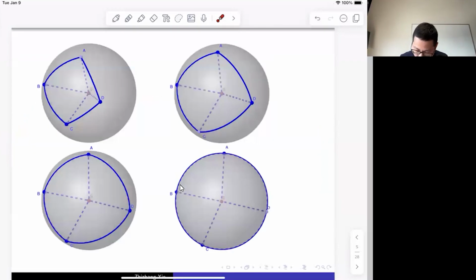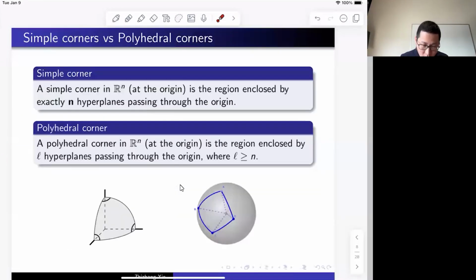All right, so let's move ahead. Since there's a distinction between simple polytopes and non-simple polytopes, let me take this one slide to explain, just to fix some terminology. A simple corner in R^n is a region that is enclosed by exactly n hyperplanes passing through the origin.